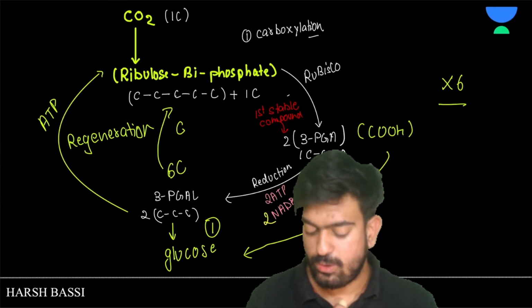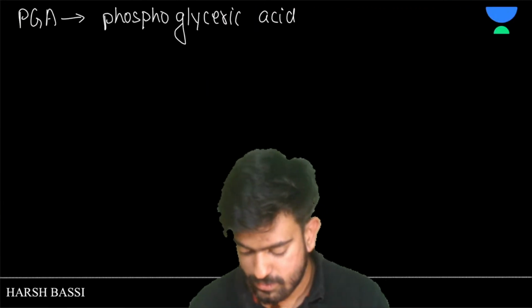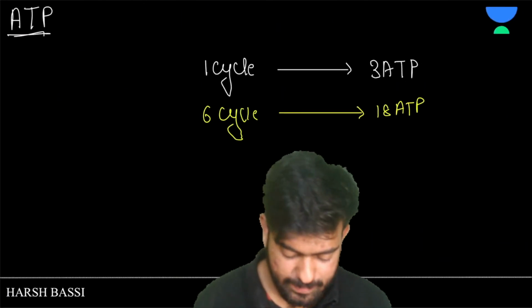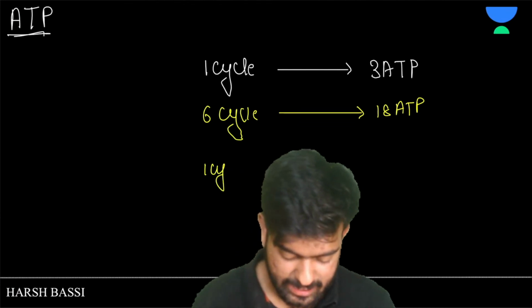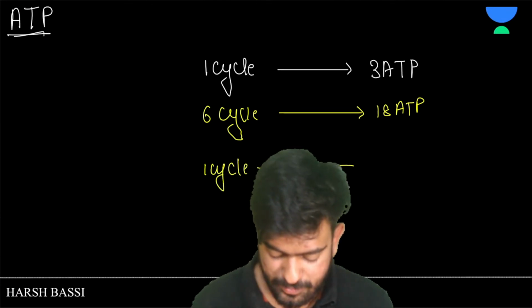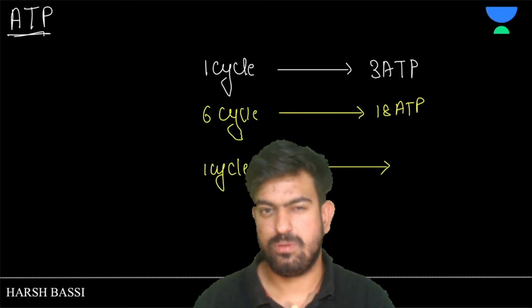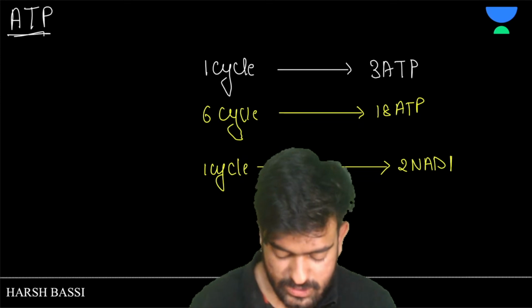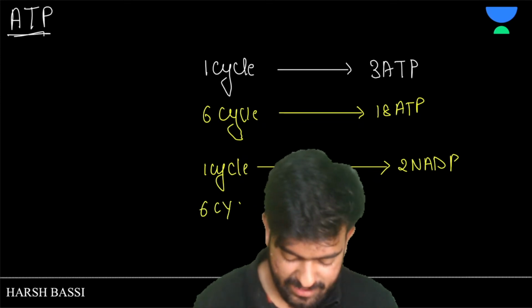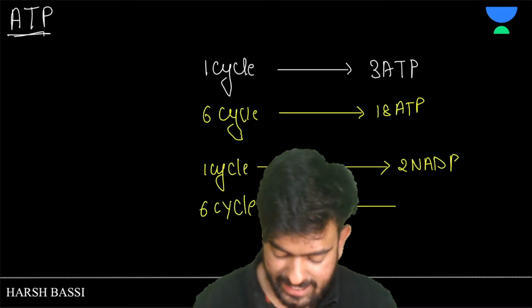So 6 cycles, 12 NADPH, yes or no? One cycle, we have how many NADPH? 2 NADPH. And 6 cycles we have 18 NADPH.